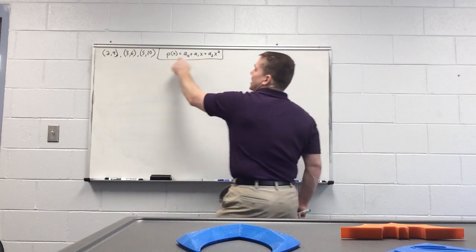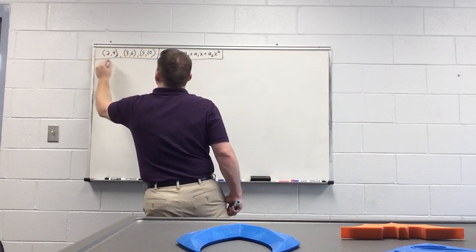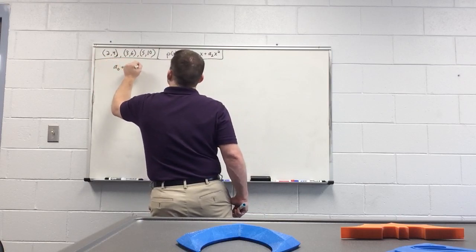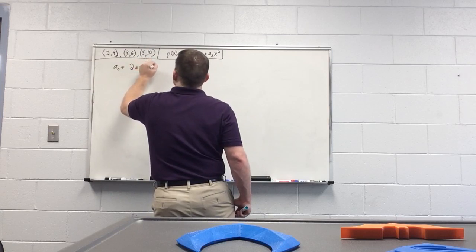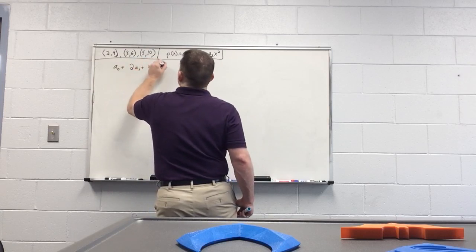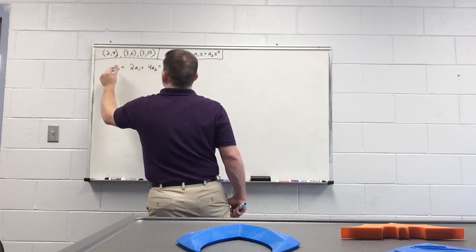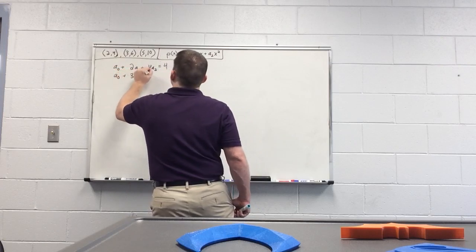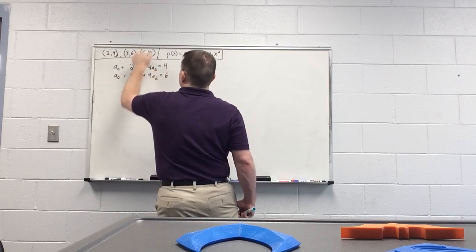Now I create my system by plugging in. When x is equal to 2, I get a sub 0 plus 2a sub 1 plus 2 squared, which is 4a sub 2, is equal to 4. When x is equal to 3, I get a sub 0 plus 3a sub 1 plus 9a sub 2 is equal to 6.